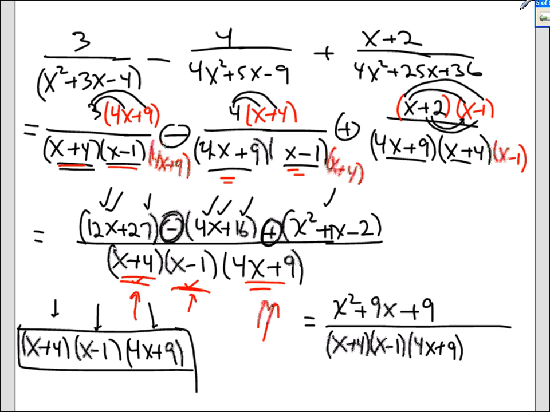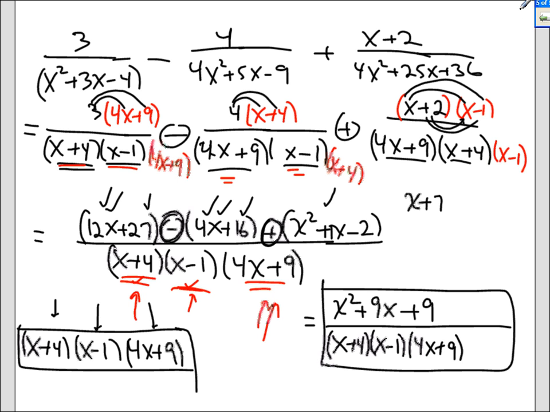And I don't think that can be factored. If I'm mistaken, then factor it. But there's the answer. Remember, if, and this is not the case, if the numerator happened to factor out as x plus 7 times x minus 1 over, the bottom's not changing.